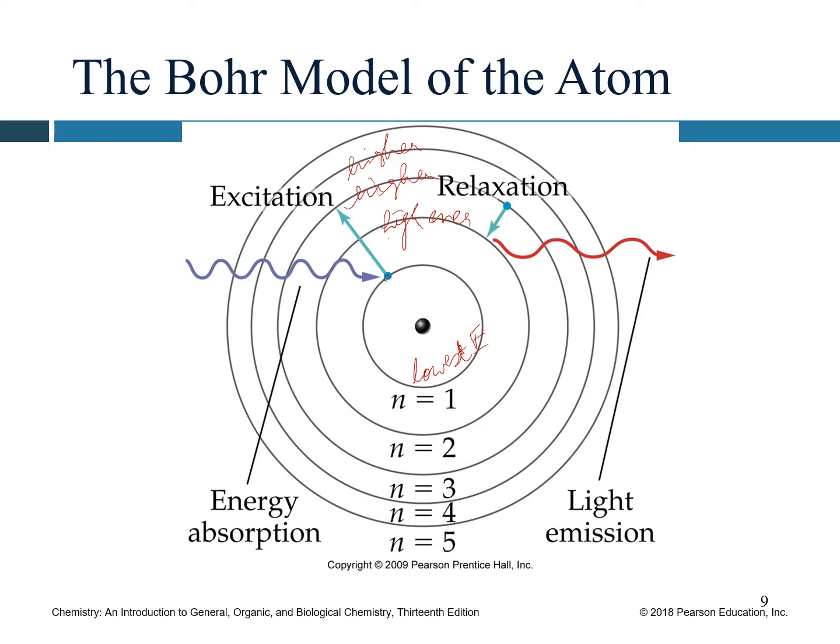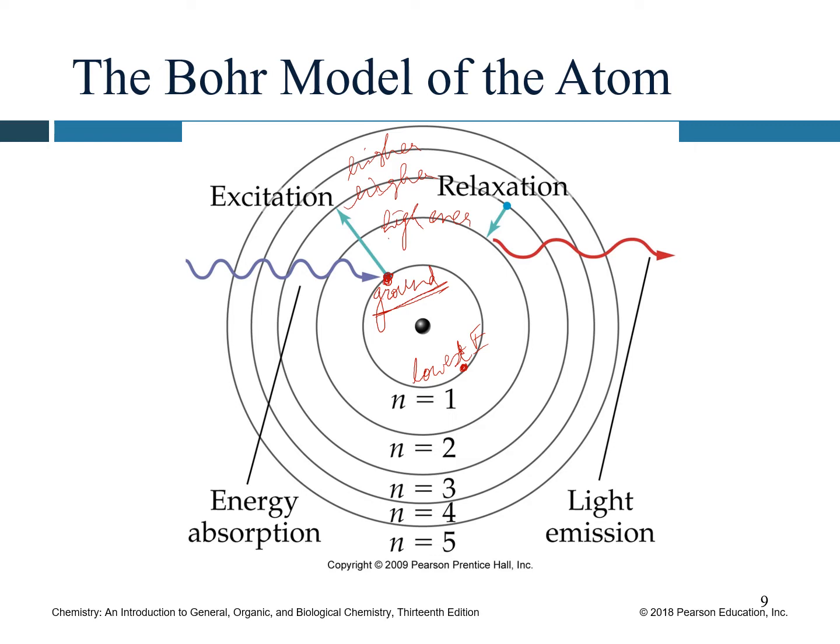So when an electron is present in its original location, for instance, let's say some electron was present right here at n equal to 1, which has 2 electrons in this energy level, this electron in its original state is said to be in its ground state. If we supply any light energy or any form of energy to this electron, what would happen?